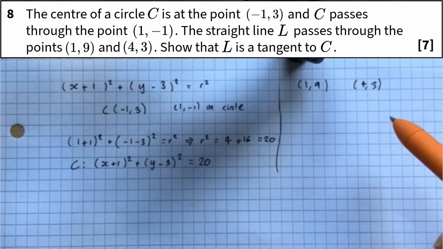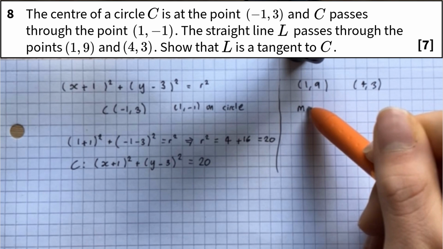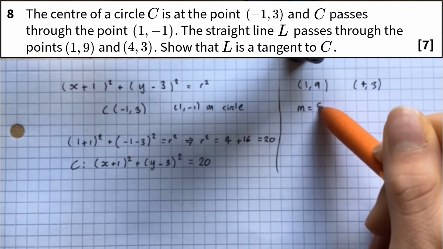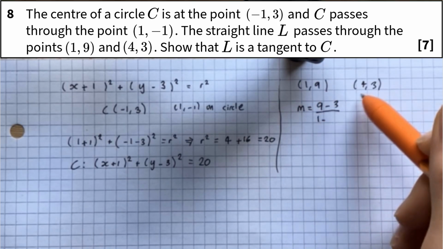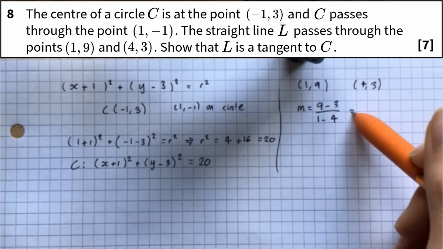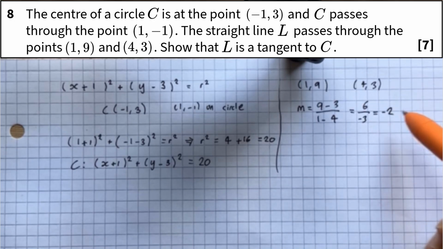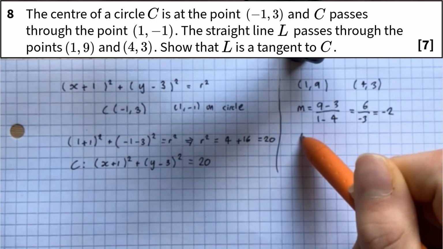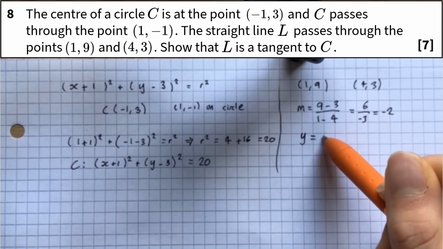In order to do that, we're going to need the gradient of the line. So I'm going to call it m. I'm going to do y minus the other y divided by x minus the other x. This will give a gradient of minus 2. So the equation of a straight line, y equals mx plus c.